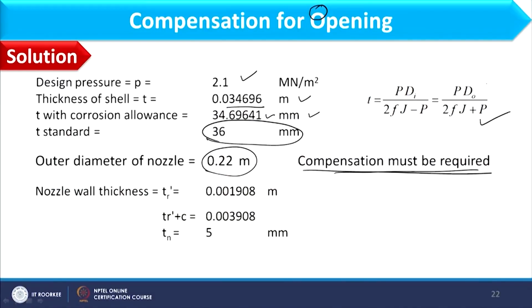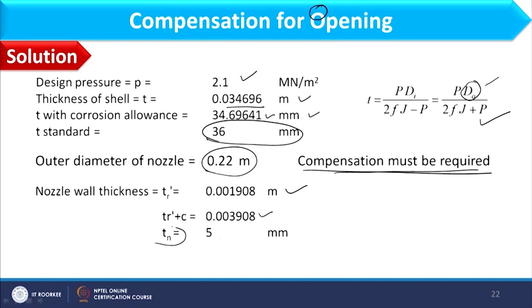TR dash we can compute using this same expression, where DO would be the opening or outer diameter of the nozzle, and that would be equal to 0.22 meter. Considering that, TR dash we can find out as 1.908 mm. TR dash plus corrosion is 3.908 mm, and then the next value to this in table B1 is 5 mm.